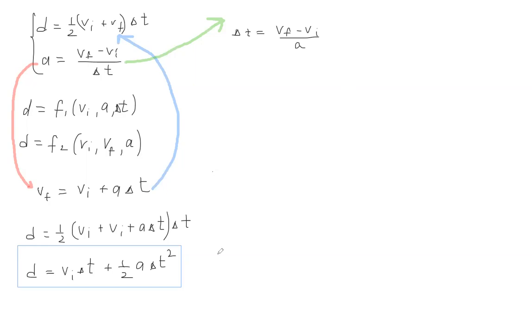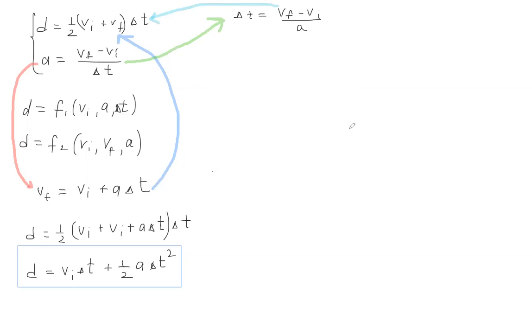What I did is I just swapped delta t with a. Okay, and now delta t in the expression here will be replaced with this. So this will go over here.